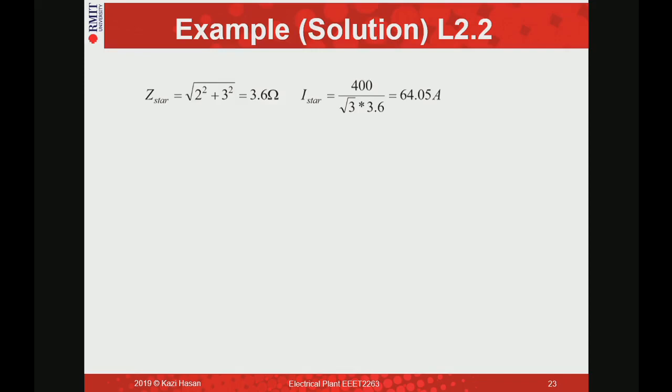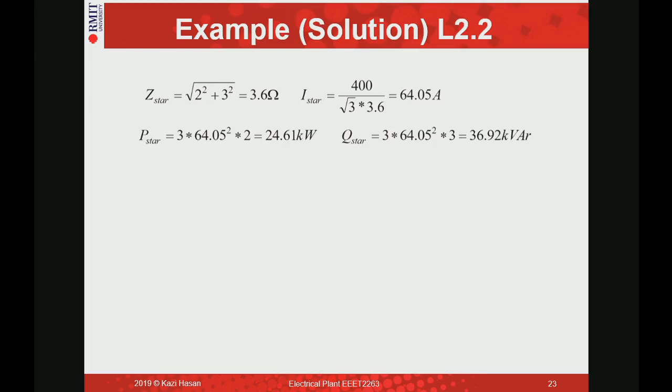Voltage is given, so we need to determine the impedance. So we have calculated the impedance, then the line current is phase voltage divided by the impedance. Phase voltage 400 over root 3, and the impedance we calculated there. So this is our line current. Star means Y-connected circuits.